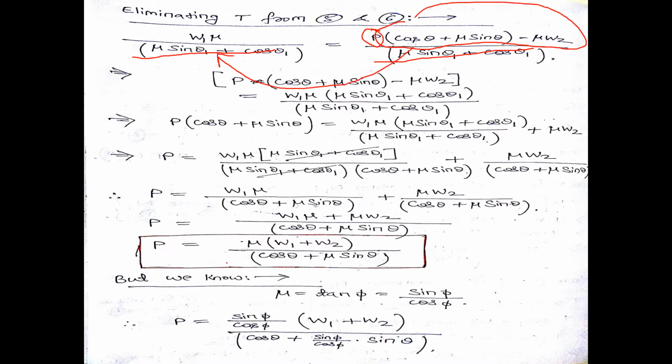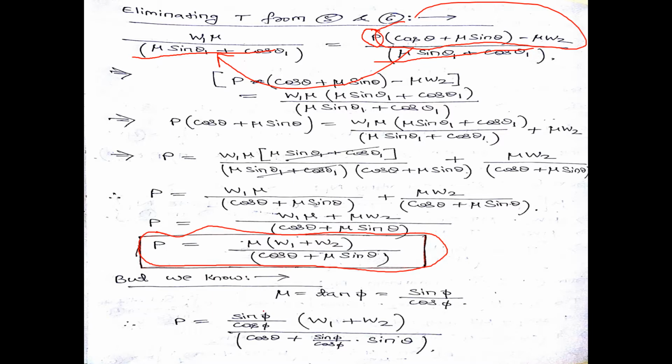When you do it, finally you will get an expression like this. If you solve it, you will get: P is equal to mu times (W1 plus W2) divided by (cos theta plus mu times sin theta). Is it clear so far?